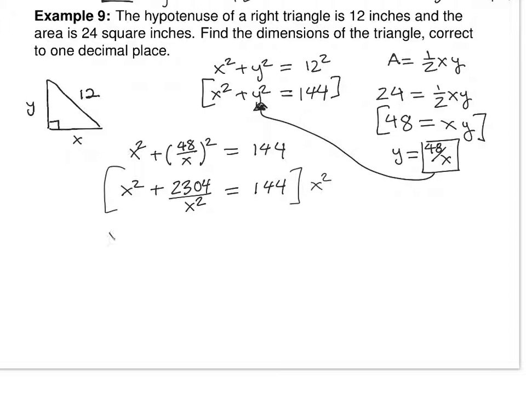So it's going to be x to the 4th plus 2,304 equals 144x squared. Is everyone okay with that? And then minus the 144x squared, and you get x to the 4th minus 144x squared plus 2,304 equals 0.